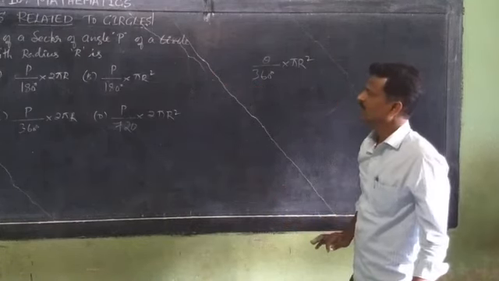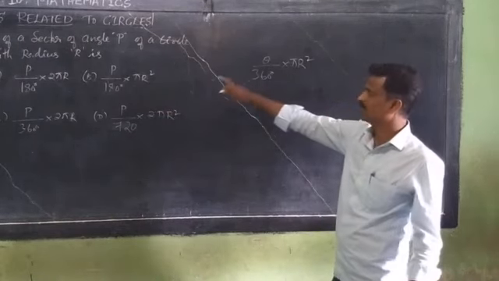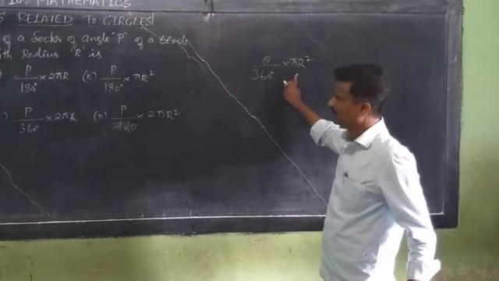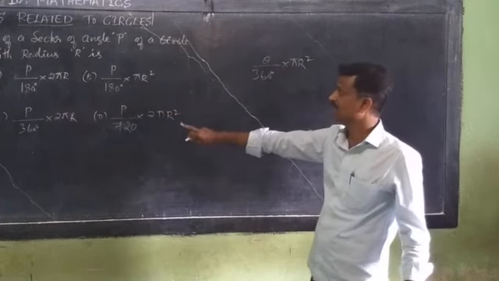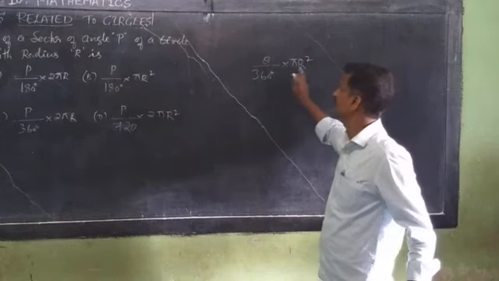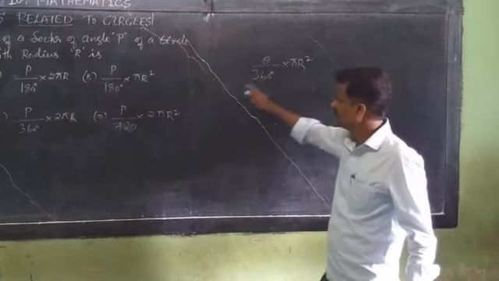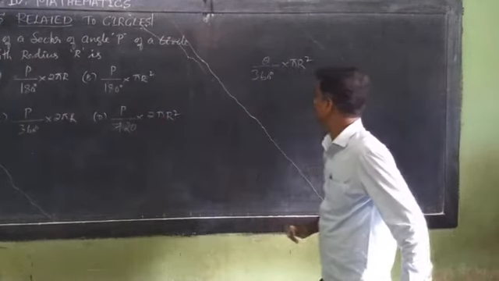No, option A does not resemble this. No, option B. No, option C. But option D: P by 720 into 2 pi r square. Here pi r square is there, theta is there, but no 360.